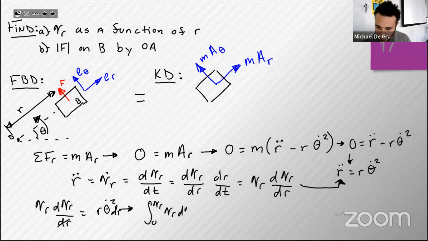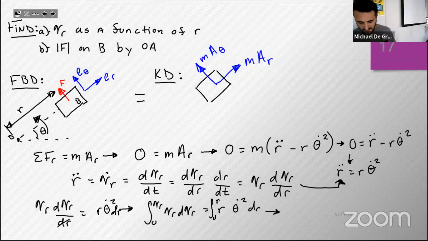v_r dv_r is equal to r theta dot squared dr, integral from 0 to r. Okay, and if you do that, you end up with v_r squared is equal to theta naught squared (r squared minus r naught squared).